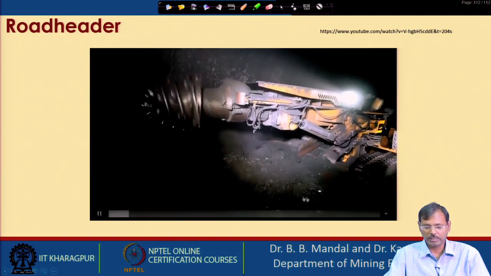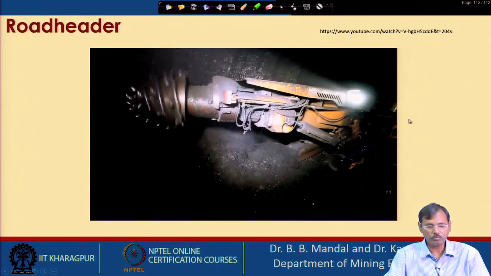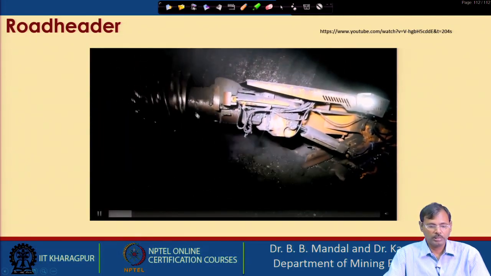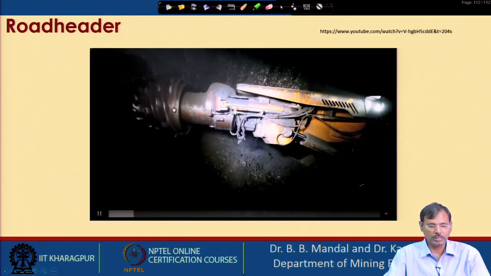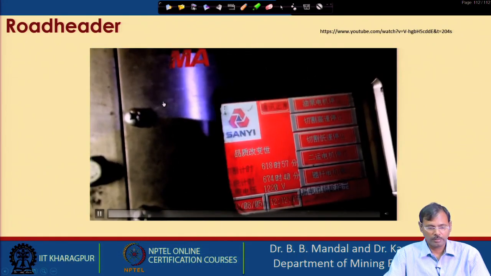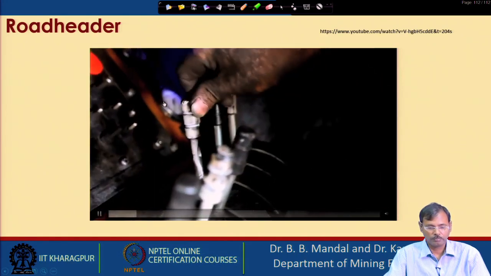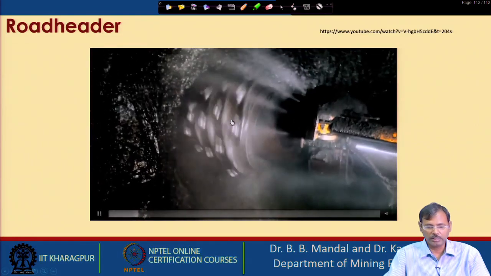So, this is the gathering arm, this is the crawler. As this cutting head is rotating, it is basically attacking the wall and cutting. So, you can see the cutting has started.